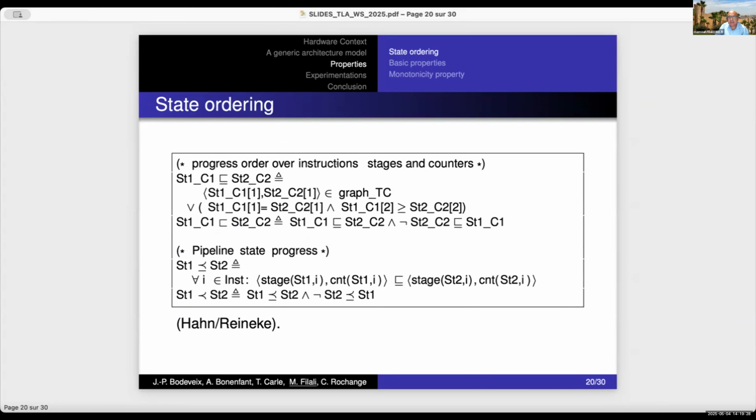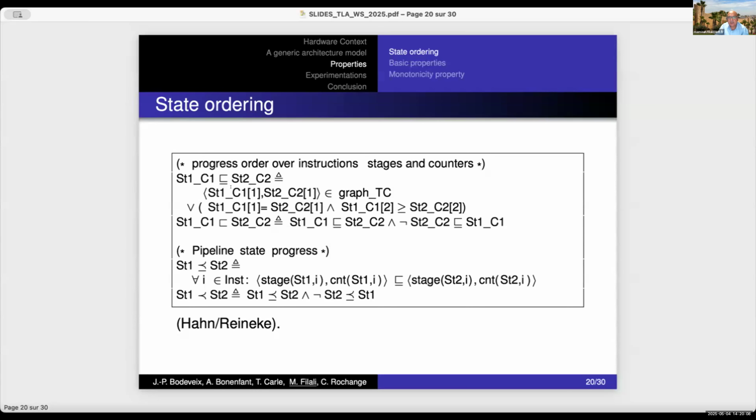First, about the state ordering. This state ordering will allow us to reason about the progress order of instructions. An instruction is characterized by its stage and its counter of time, that is its execution time over this stage. So we say that the couple state, counter C1 is less or equal than the couple state 2, counter C2. And here we have a kind of lexicographic order.